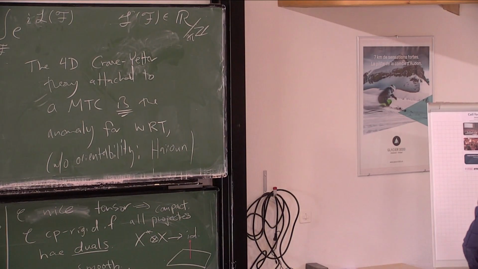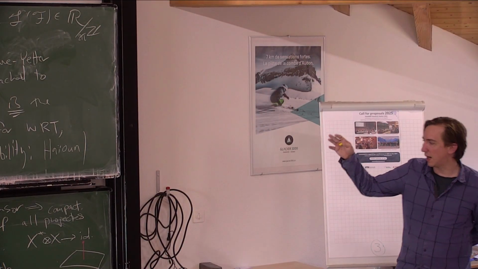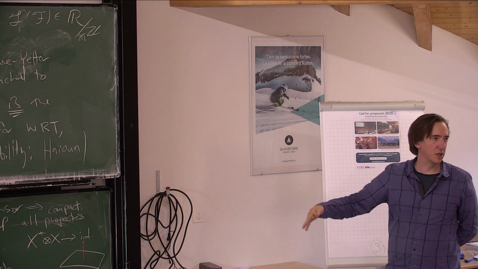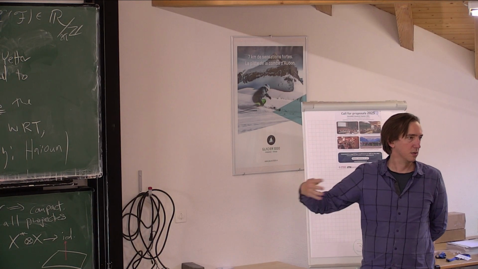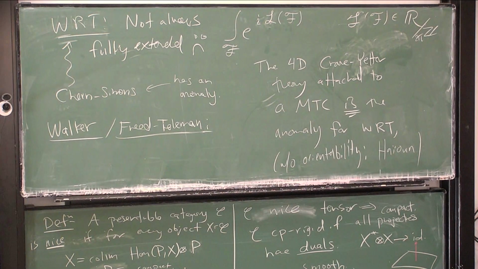In the derived world, you talk about compact generation, and in the abelian world, you talk about compact projective generation. But the abelian category of G-representations is certainly generated by compact projectives. It's semi-simple with infinitely many simples. So in the derived world, you're happy with just compact generators? I'm not happy with any of that stuff, but some people are happy with that.